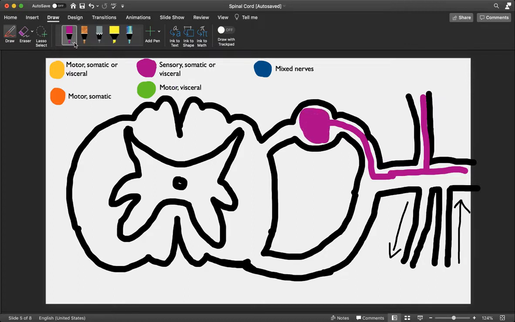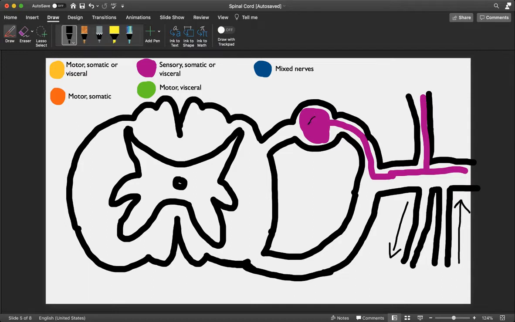Now, with sensory information, it gets classified. It can be sensory somatic or sensory visceral, but it does have classifications of how it's getting processed. It's like verification steps.